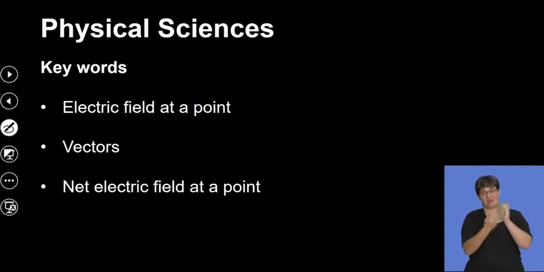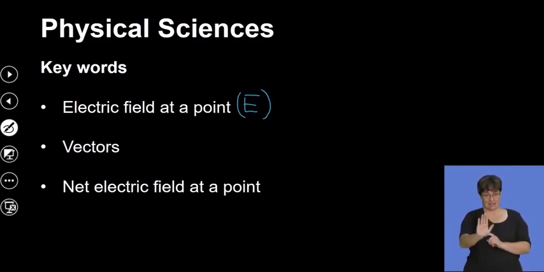The keyword that I want us to first unpack is electric field at a point, which is a physical quantity denoted by uppercase E. This is the symbol for electric field at a point, which is the force experienced per unit positive charge, right?